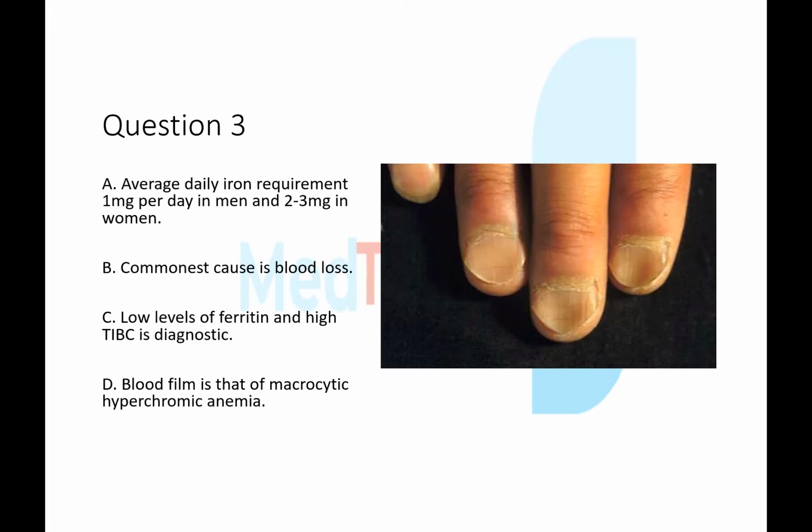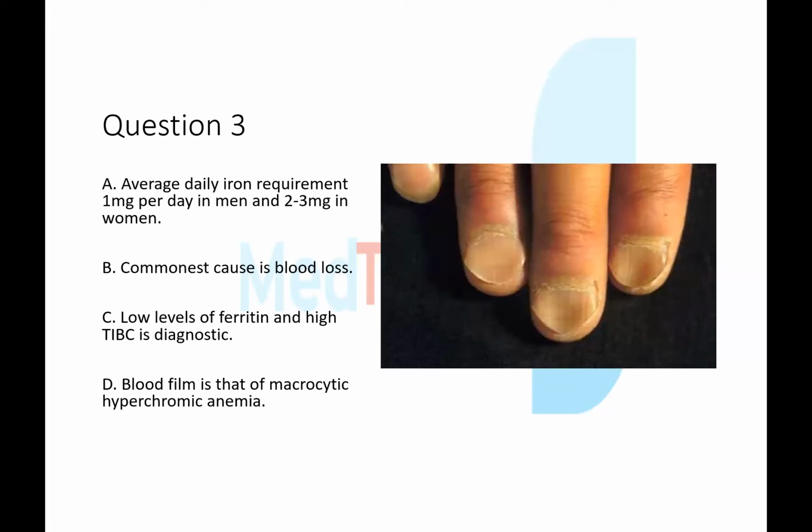So an average man would lose about 1 milligram per day in stool. So that means that you only need 1 milligram per day to replace that loss. But a woman loses blood every month through menstrual flow. So therefore, they will require more than what a man would need. So that's why they require 2 to 3 milligrams per day.